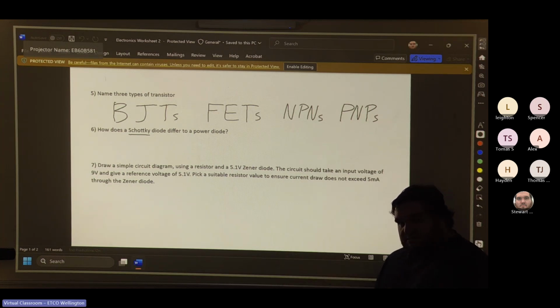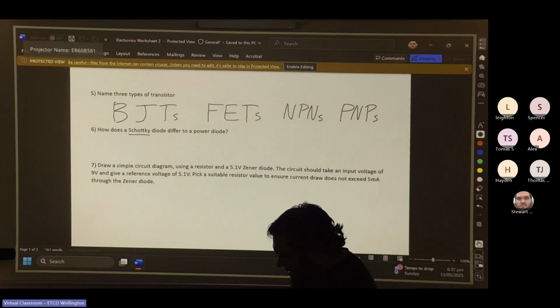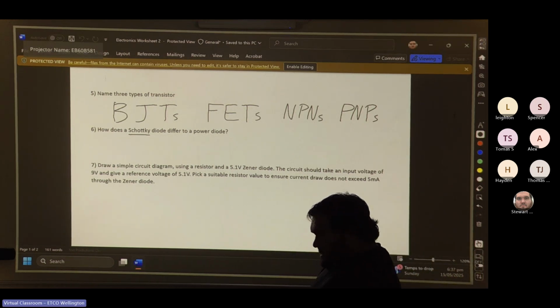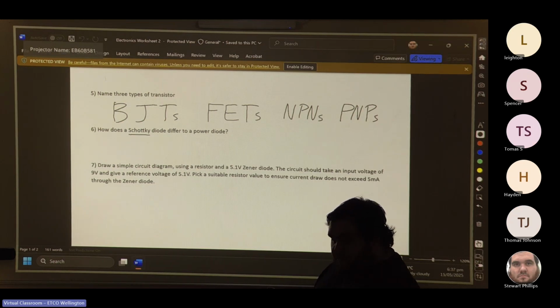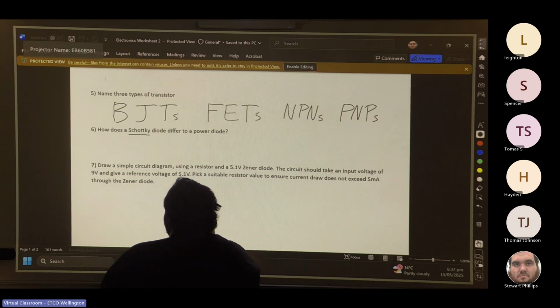Okay, all good, Alex. So I will answer this one. So basically, Schottky diodes have a lower voltage drop and faster switching.